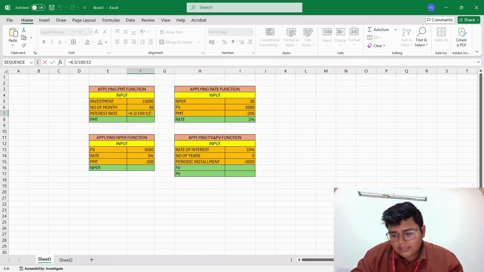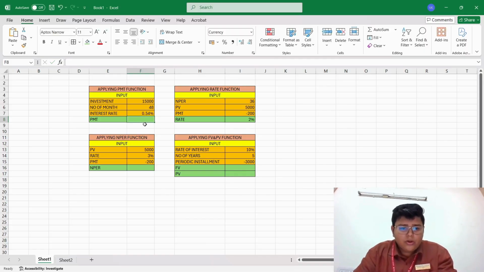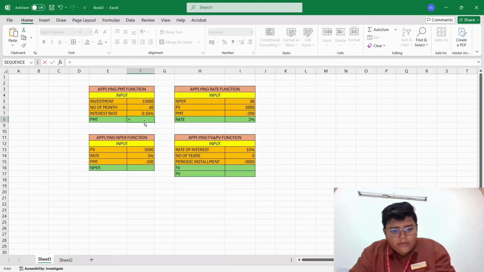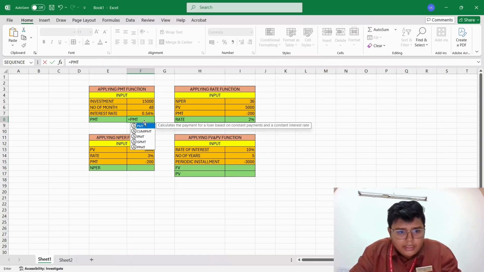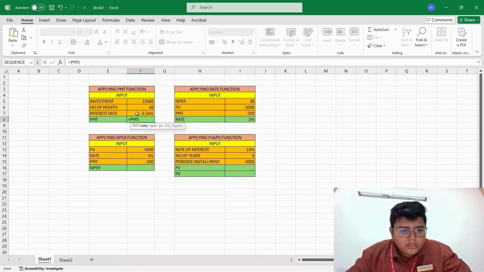Then we should divide by 12 because we need to find it per month. As it is a fixed periodic amount, per month we are going to get it, so I have divided by 12. When we give equal to and then PMT, first it is asking for rate, so we select this cell.